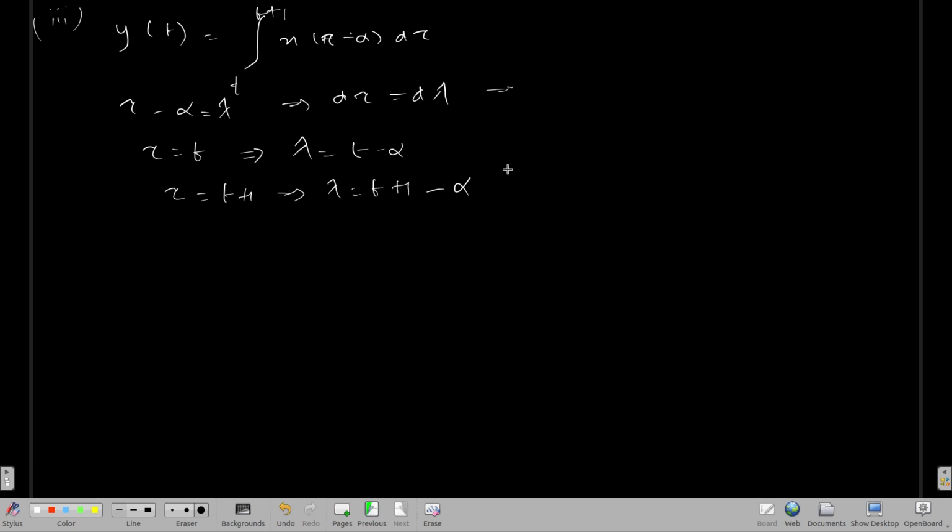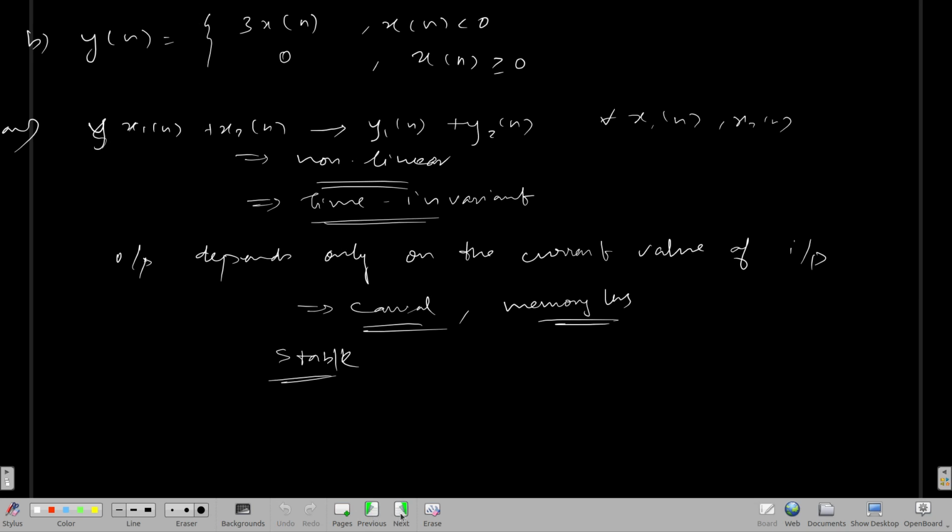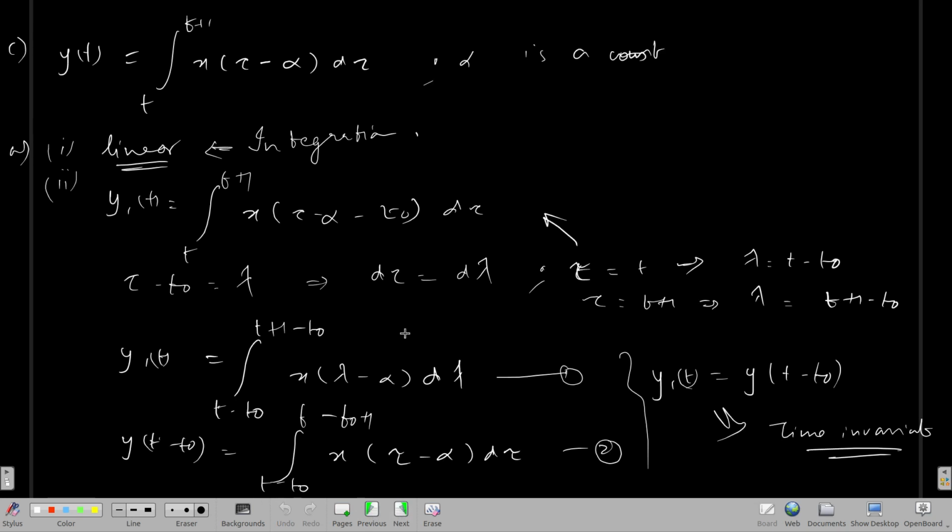So what is the difference between how we change the variable in this part and how we changed it earlier? Earlier, when we checked for time invariance, we introduced an additional shift of t0, and then we changed the variable so as to see how tau minus t0 is changing.